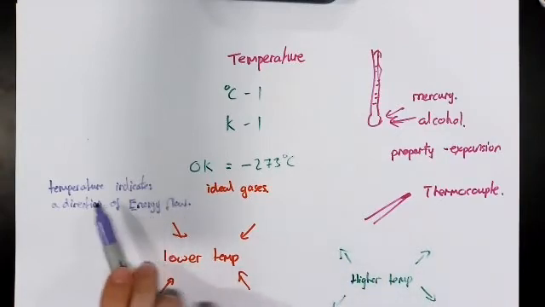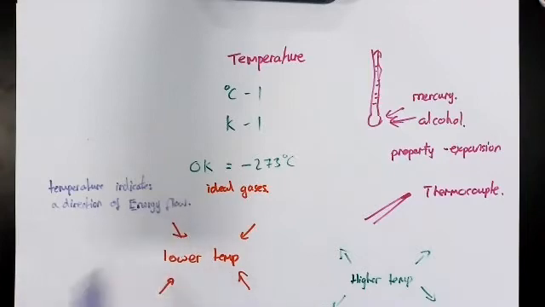So that's what temperature does. It indicates the direction of energy flow, which obviously has its uses in many places. So it is to do with energy, and the energy in this case is flowing from one place to another based on the temperature. So temperature just gives an indication of the direction of energy flow relative to another object or another situation.